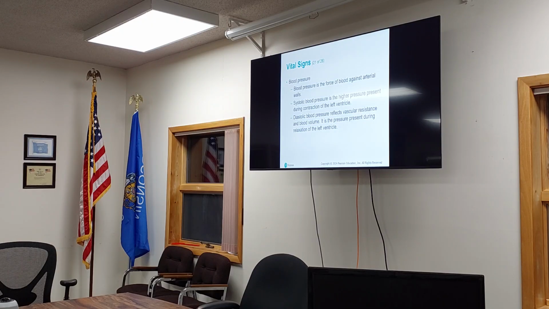I'll use an example. Has anyone ever heard of heart failure? Depending on the type of heart failure, you can develop what's called pulmonary edema, where fluid begins to build up in your lungs. This can happen very quickly. Let's say at time zero, someone's left ventricle fails. It's not pumping effectively. Within a few minutes, the patient's going to develop symptoms.